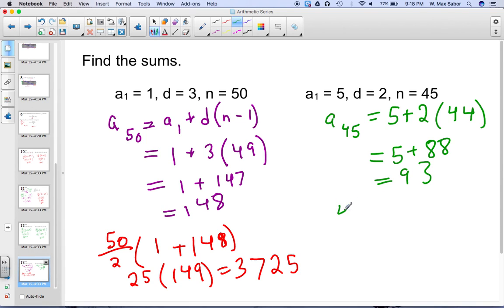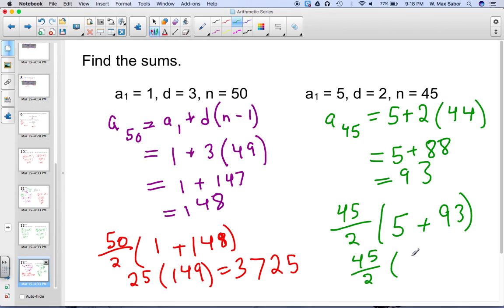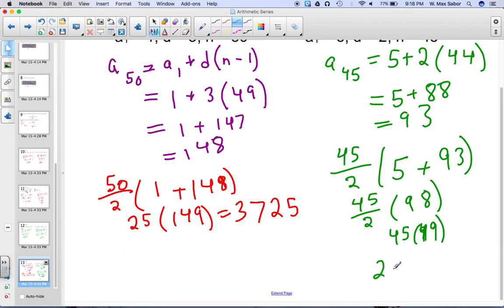So we have 45 over 2 times our first term plus our last term. 45 over 2 times 98. So this is 45 times 49. And 45 times 49 is 2,205.